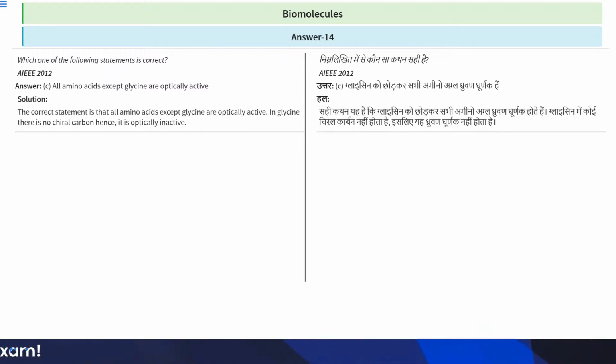The correct statement is that all amino acids except glycine are optically active.